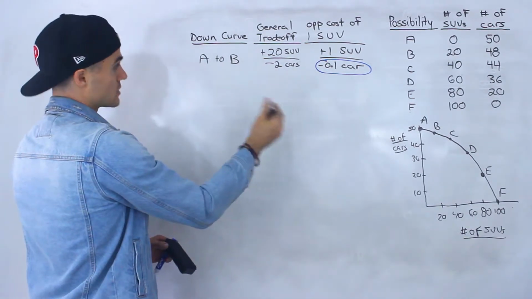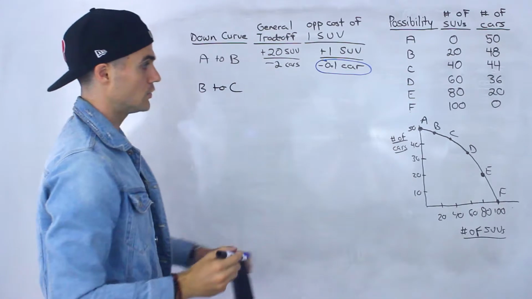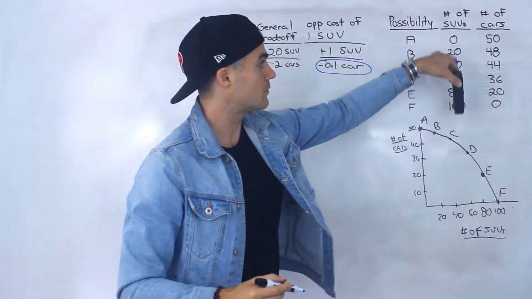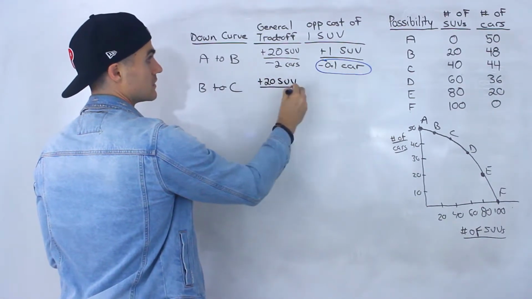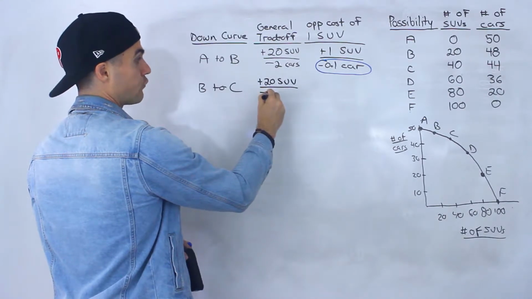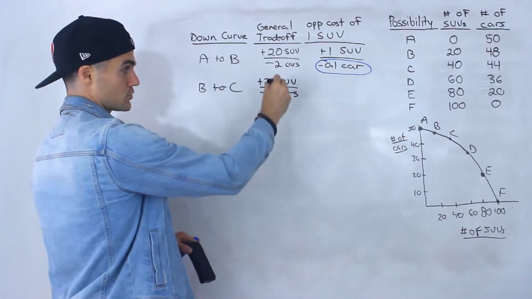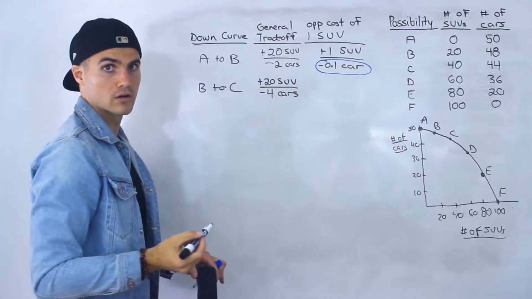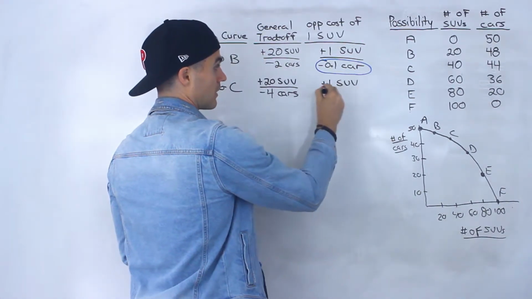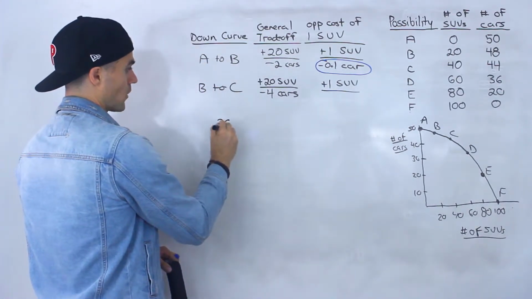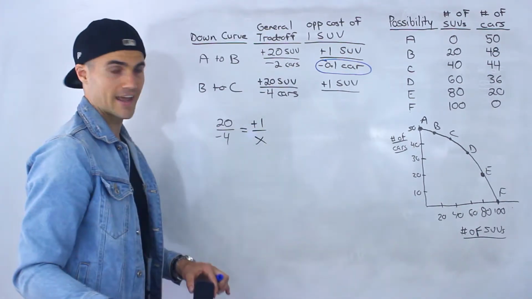But now this number is going to change as we go from B to C. Notice as we go from here to here, what's going to happen is to produce 20 SUVs, we have to produce 4 less cars. Right? So the opportunity cost of producing 20 SUVs is 4 cars. But if we want it in terms of one SUV, what we would do, 20 over -4 equals, we want this to be 1, we would solve for that x value there.